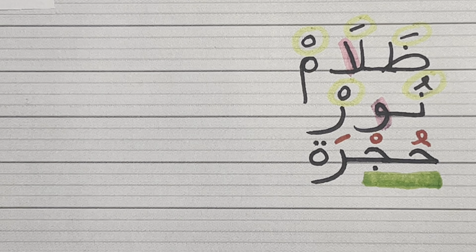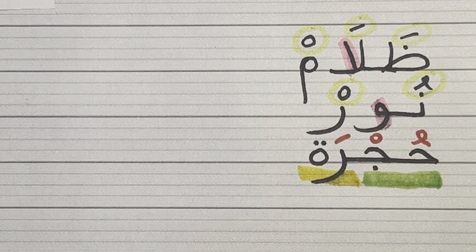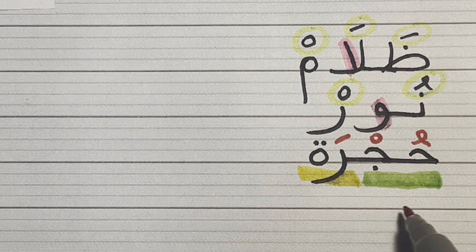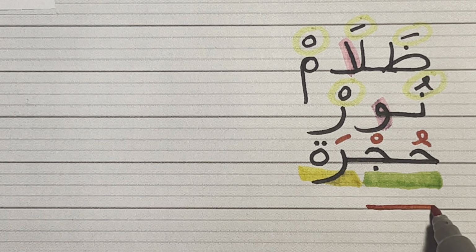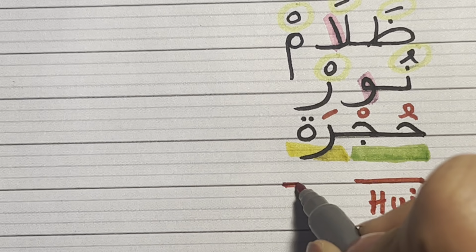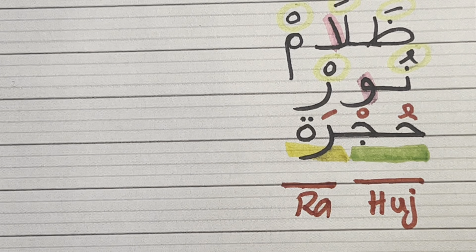And then I'm going ra. So over here, I'm making 2 sounds. When I say 2 sounds, I mean 2 syllables, because I am pronouncing this part all at once, حج, and I'm pronouncing this part over here at once, and I'm going ra.